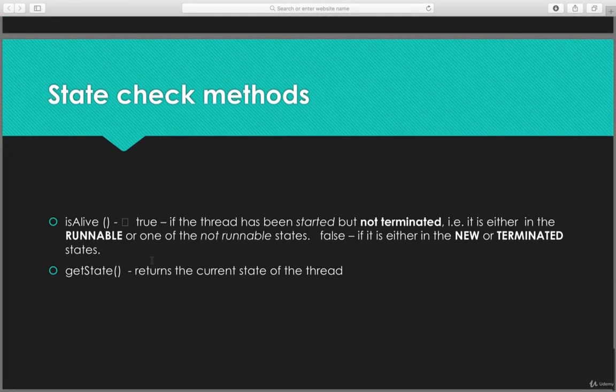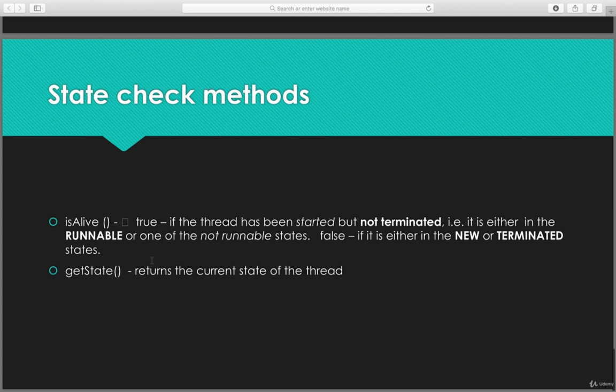State check methods. There are a few methods to check the state. One is isAlive. The isAlive method returns true if the thread has been started but not terminated. So it is either in the runnable or one of the not runnable states.